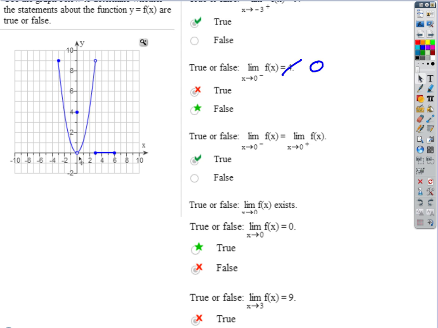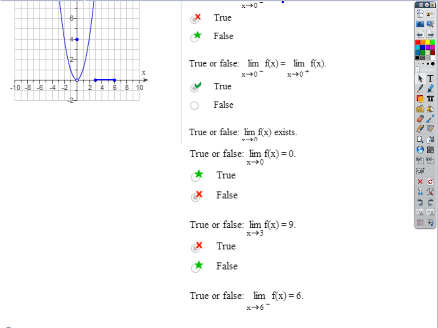So then, true or false, based on that answer, the limit of f of x as x approaches 0 exists. True. Even though that's not where the ant is going to be, the ant anticipates stepping on the same spot from both sides, and therefore the limit from both sides is 0. It exists.